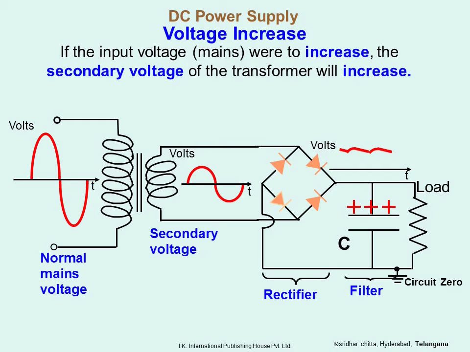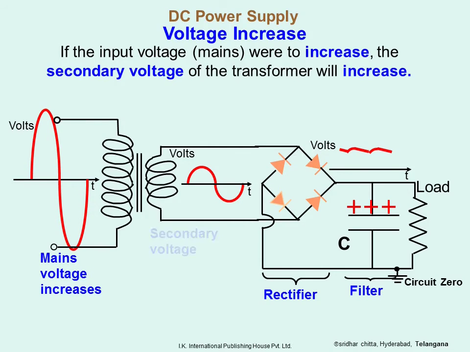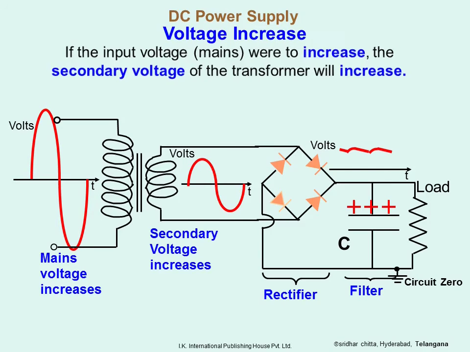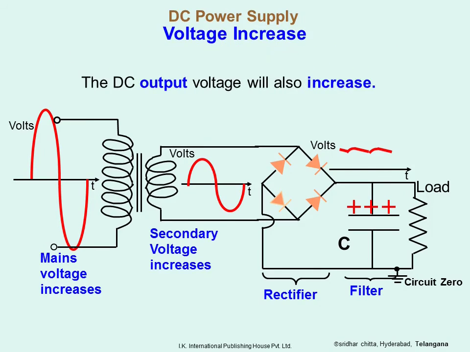If the input voltage mains were to increase, the secondary voltage of the transformer will increase. The DC output voltage will also increase.